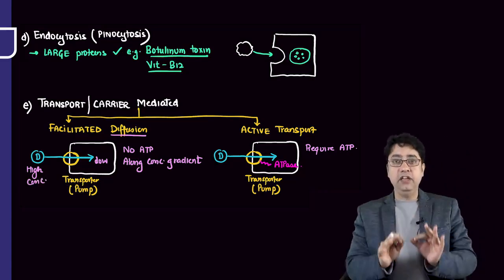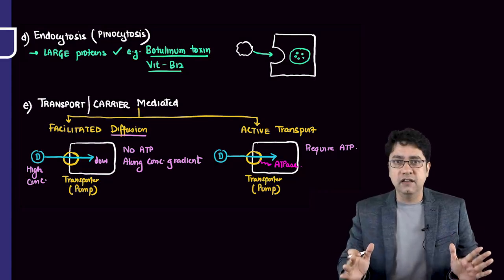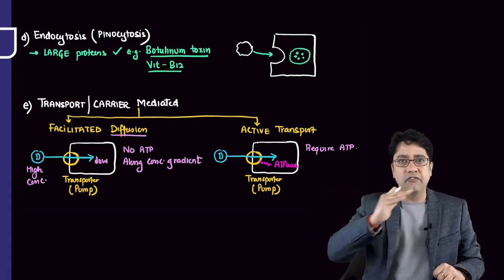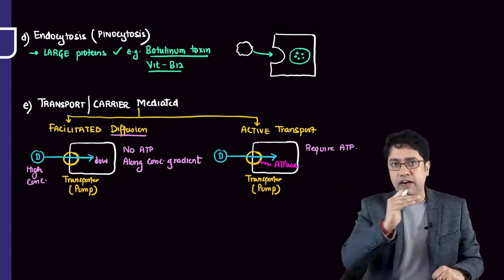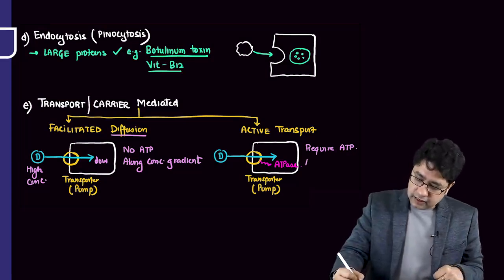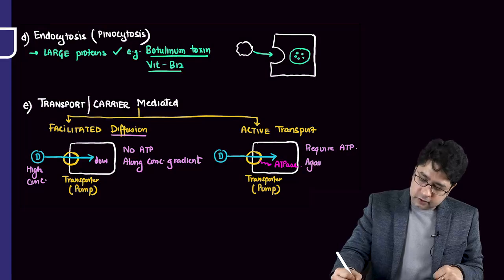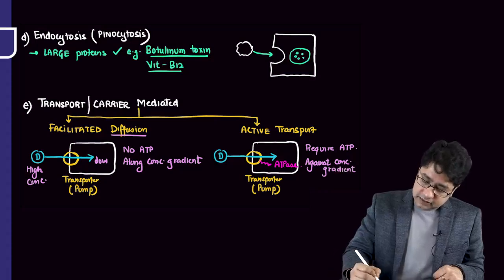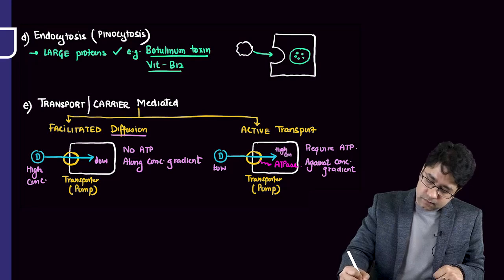But when you are applying energy, like in active transport, can you flow against the flow of the river? Yes. So in active transport, a drug can move against the concentration gradient, that means from low to high concentration.